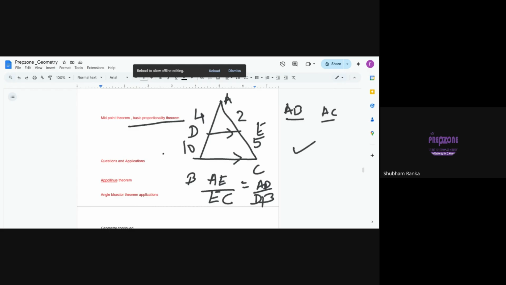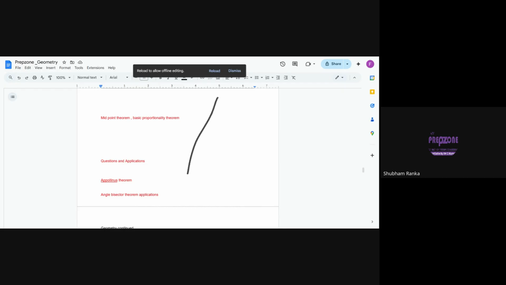Okay, so this is the idea. But similarly, if I give you the idea for midpoint, I will draw a similar line, but this line will already be bisecting them. Now there is a difference between bisecting and proportional. When I say bisect, suppose this is 4, then this is also 4. And if I say this is 8, then this is also 8.